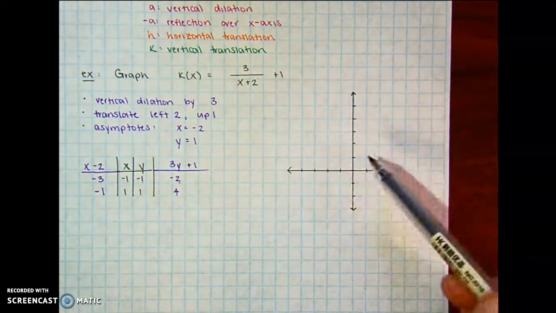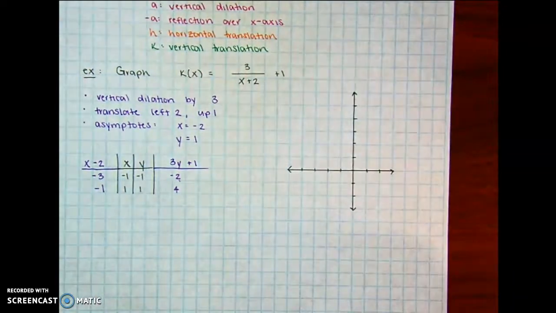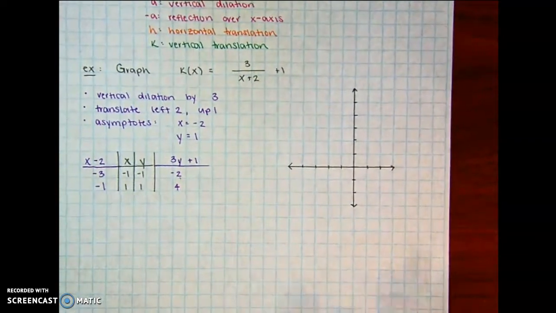And if you wanted to make your graph the most accurate, then you could add some more points to this. Okay, so now what we want to do is graph our asymptotes.